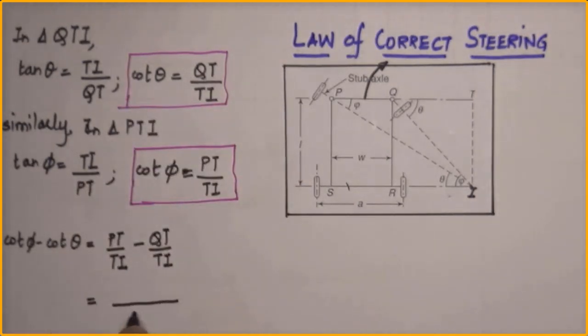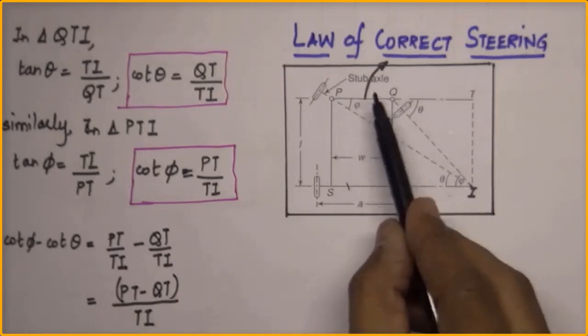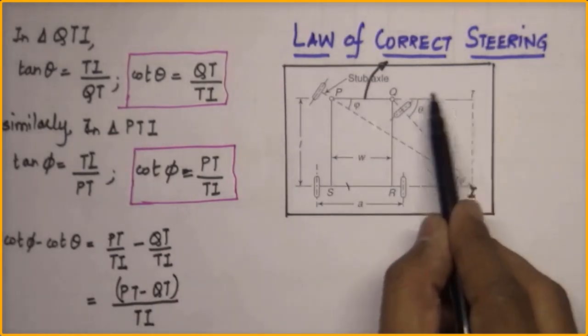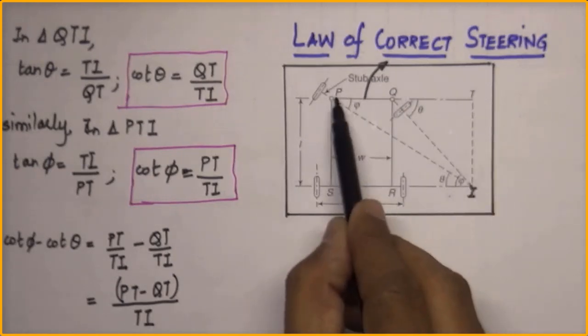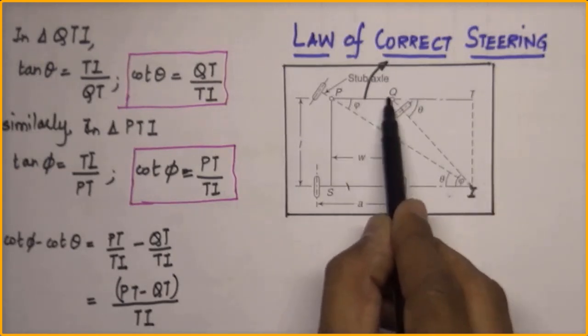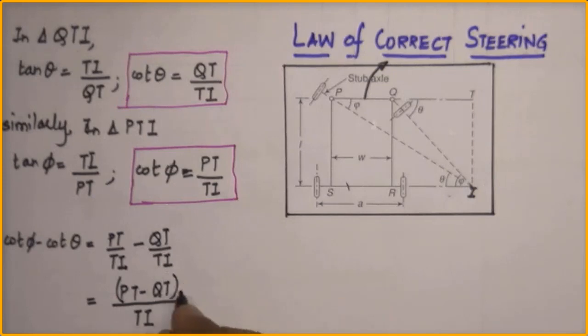Now, the LCM of both these would be TI, and you would simply get PT minus QT. Now, from the diagram, PT minus QT would leave you with only the chassis width W, that we can call PQ. The denominator TI, let us keep it as it is.